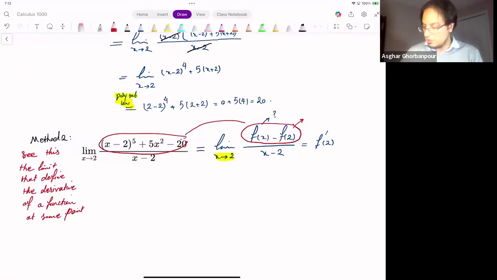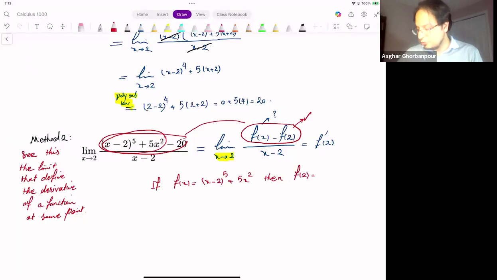Here we are looking at this thing, and I see there is something here. Take all the x terms, and set f of x equal to (x minus 2) to the power 5 plus 5x squared. Then I have to check the second part, f at 2.